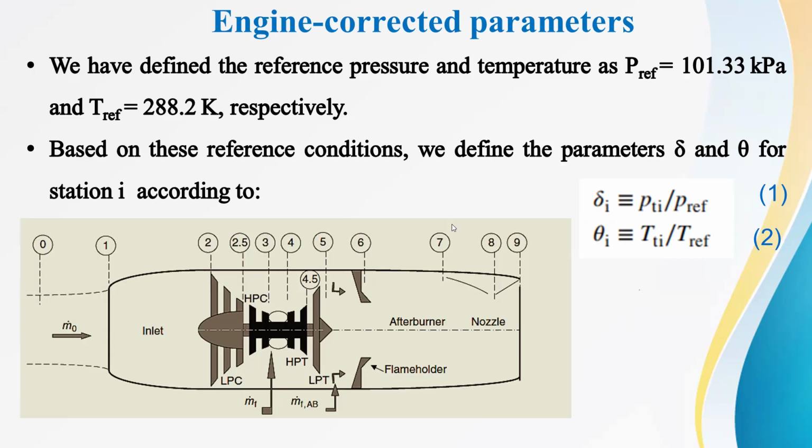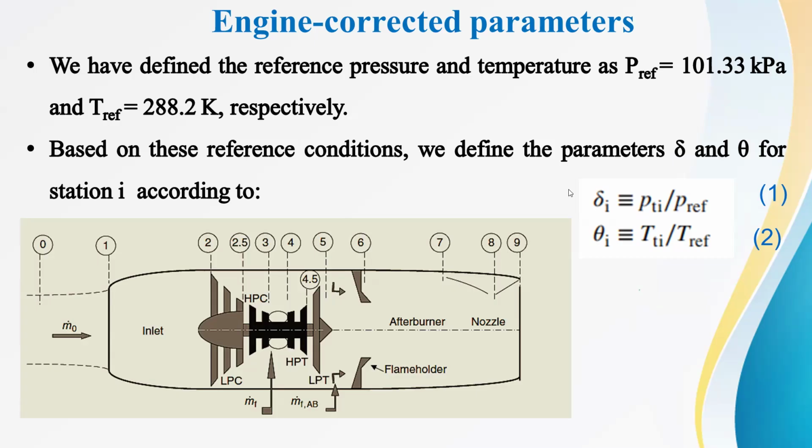Based on this reference condition, we define the parameters delta and theta for station i. Station i means any station, it can be 1, 2, 3, 4, 5, maybe station 9, or it can be 2.5 or 4.5. So i is different stations within the engine. Delta i indicates the pressure ratio: the total pressure at any section i divided by the reference pressure gives delta i.